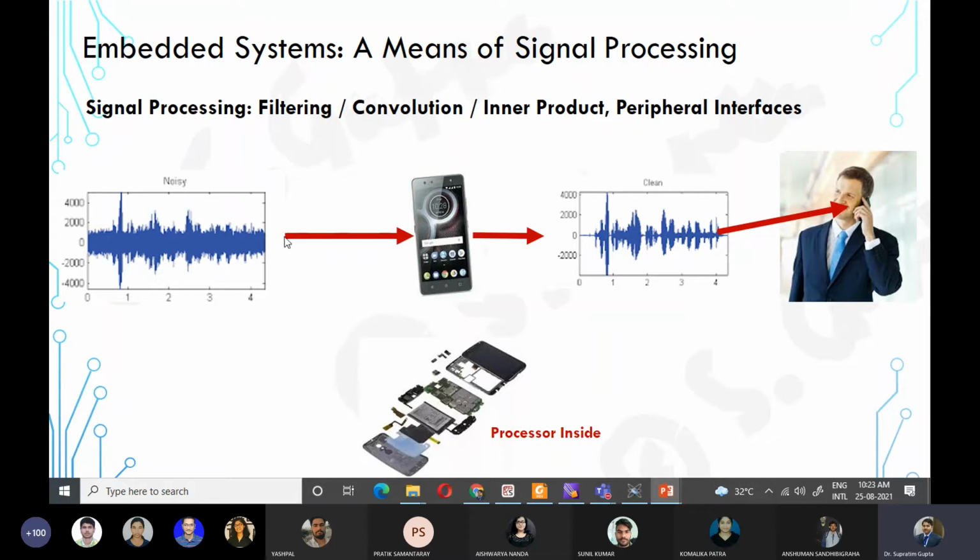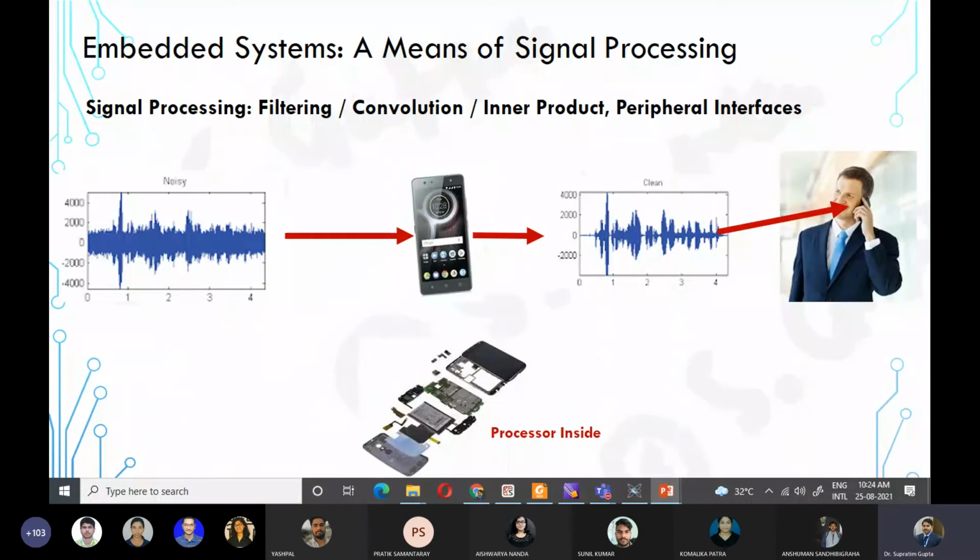So we get the noisy signal into this processor, we get a clean signal, and then this clean signal is output to the speaker, which the receiver or this user can listen to. Okay.